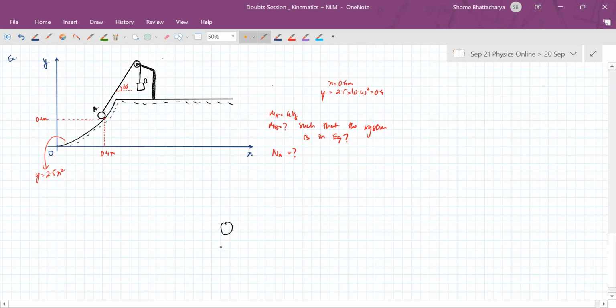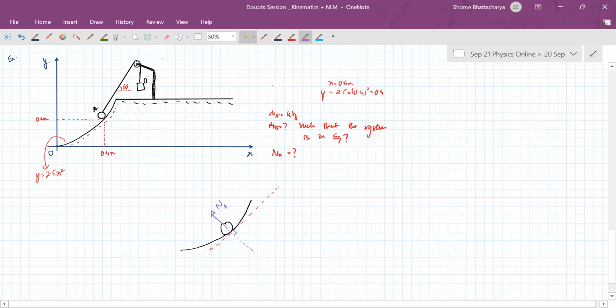So if A is lying on a curved surface like this, and at this point of contact we first draw the tangent, then the normal reaction acting on A will be acting perpendicular to that tangent.